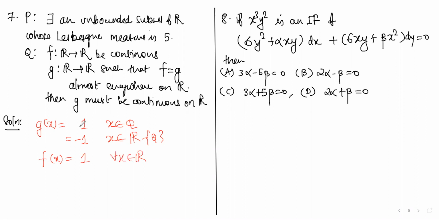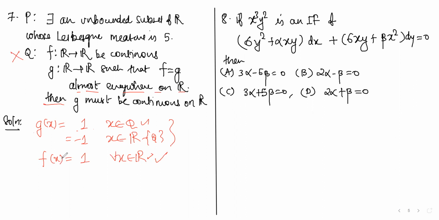Now if you see, f equals g almost everywhere on R. That is true, and f is continuous. Since there was no information on g, I took the advantage. It is saying that g must be continuous, but we know that the Dirichlet function is nowhere continuous on R. So this Q statement is false.